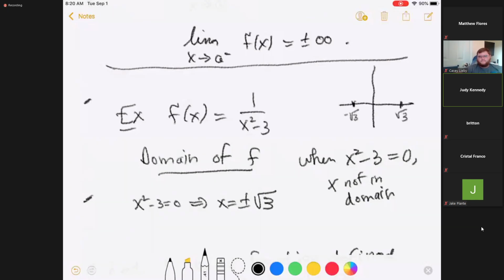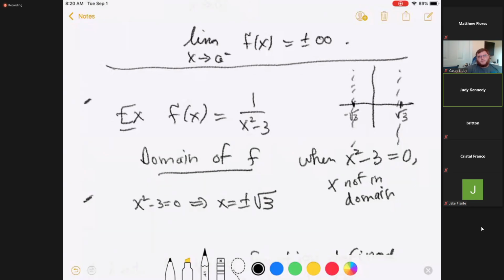What does it look like? Let's see. If x is, say, 3, I get 1 over 6. So positive numbers.